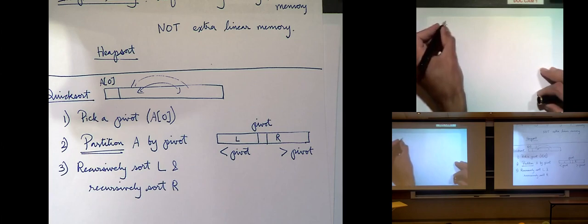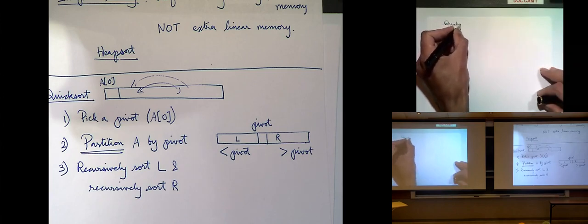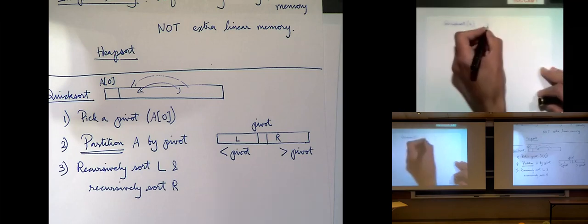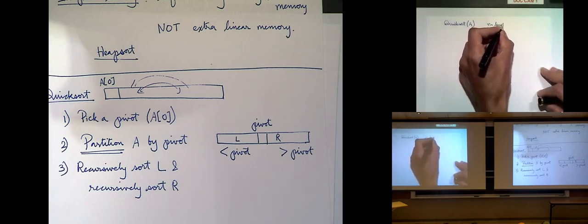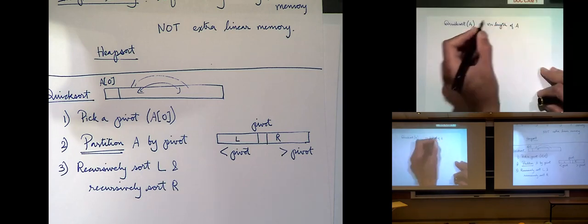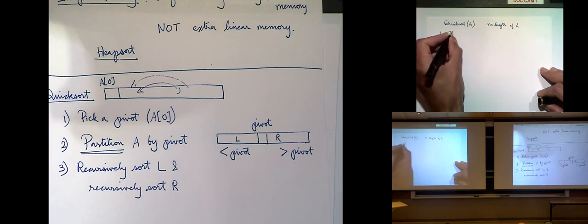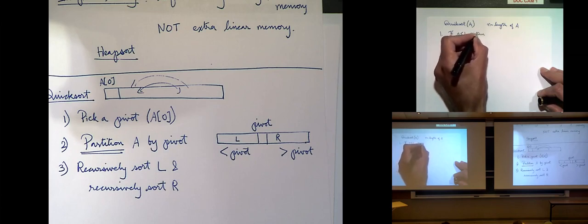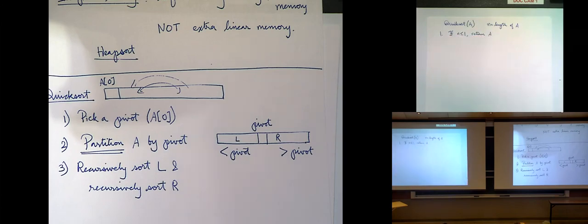So the way we run this is we do quicksort on the array A. Again, n is the length of A, and so step 1 is if n is less than or equal to 1, just return. It's a void method, it's just going to return.